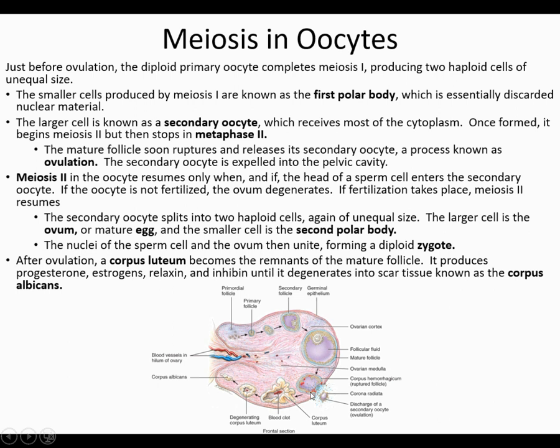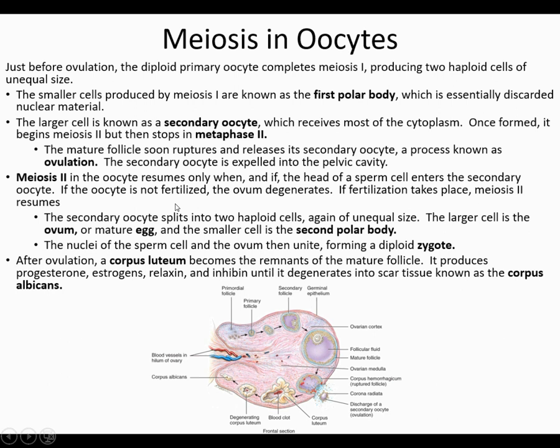So here's our burst bubble, like our balloon is popped, but here's our deflated balloon, which sounds like it would be nothing, but it's very important because it releases several hormones. And it's going to do so for quite a while, but eventually it will degenerate unless fertilization has occurred. And in that case, that corpus luteum will continue to release its hormones. Those hormones we're going to talk about here in just a second.